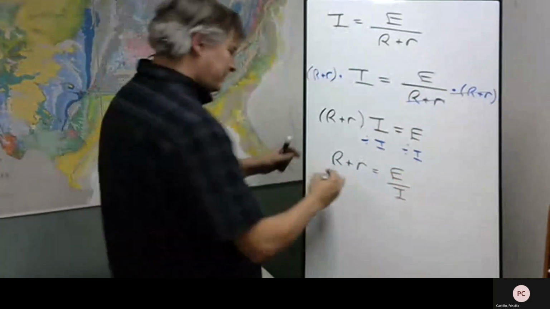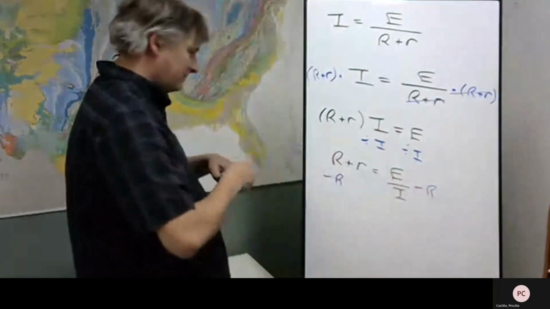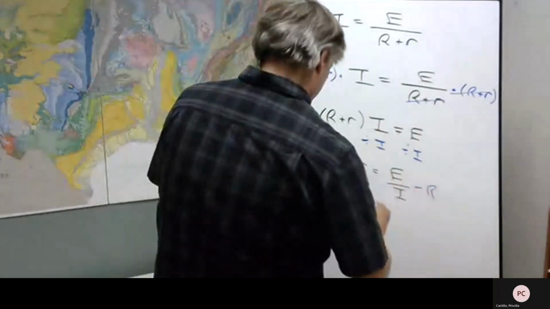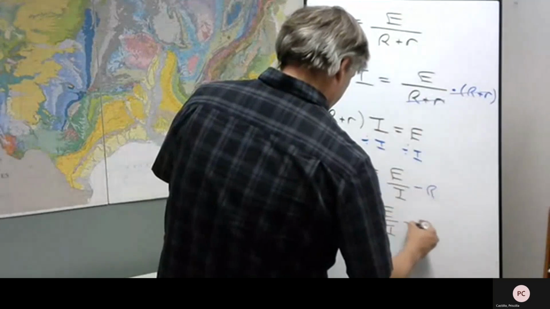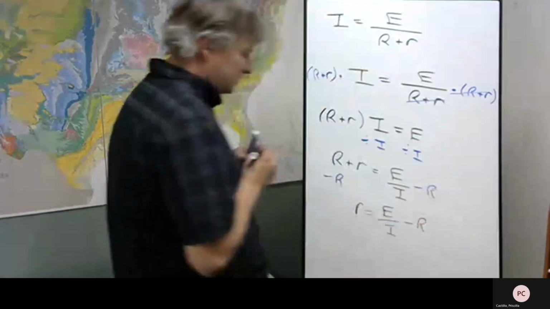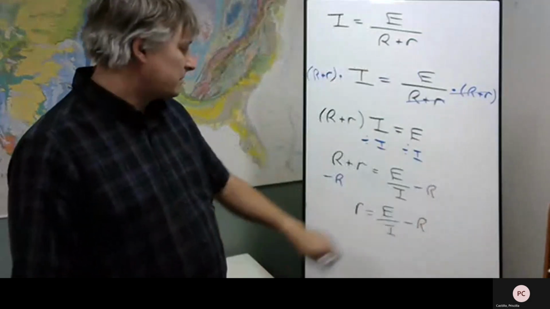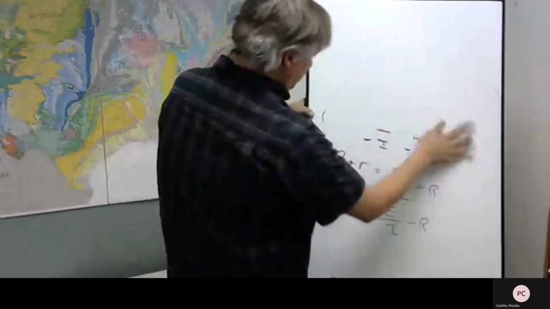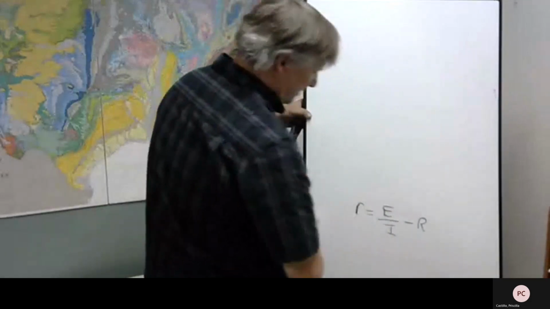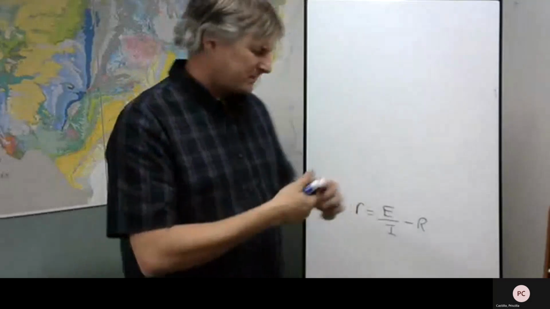And then subtract capital R. So far, so good. This is a correct answer. This is perfectly fine. But if you were to look in the text, excuse me, they actually want a different answer. They want it merged into one term.